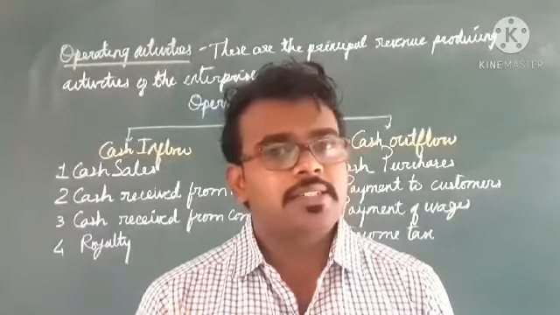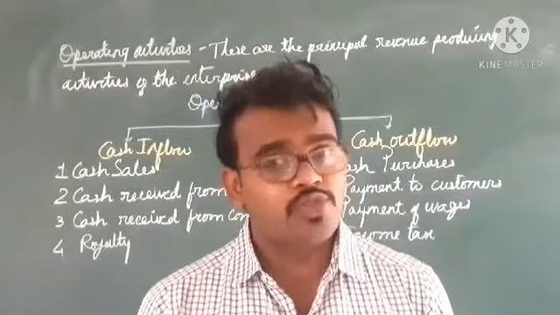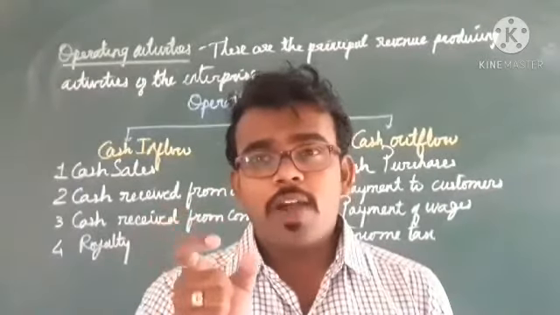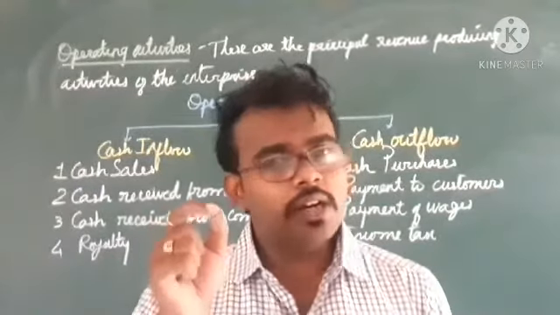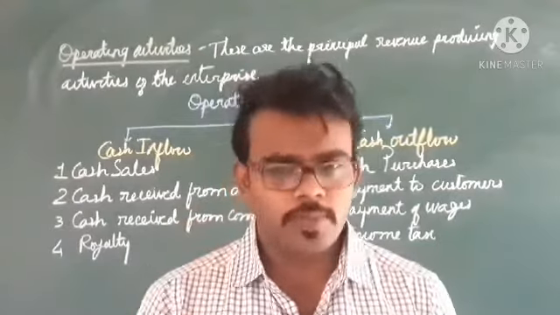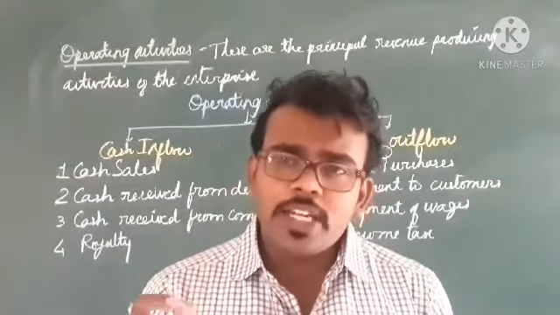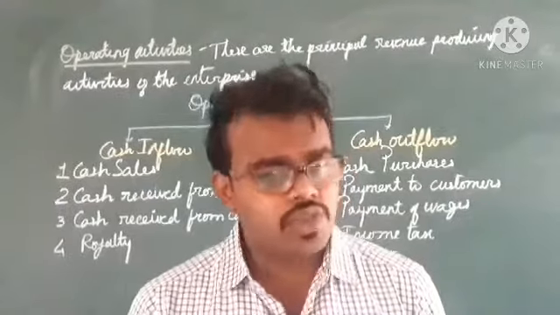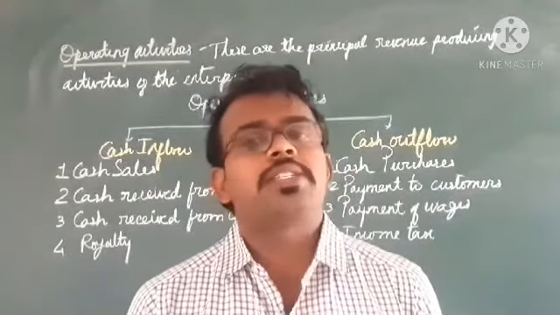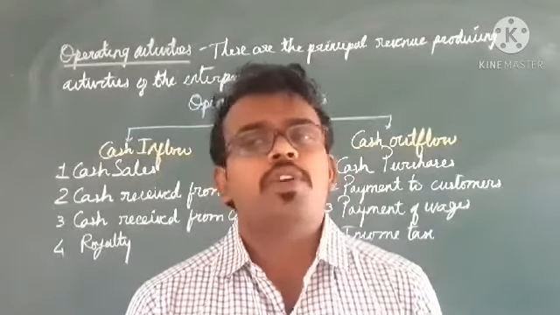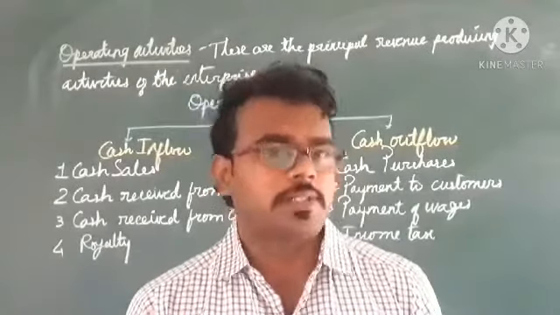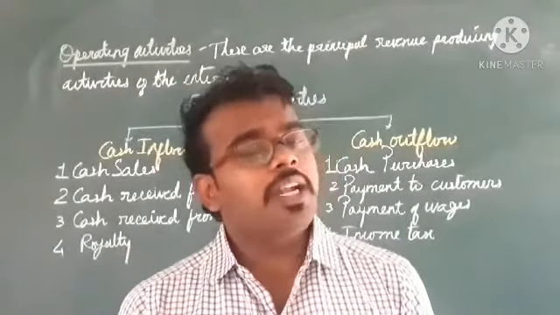Purchase, sales, advertising, manufacturing, because advertising and manufacturing are all related to the purchase and sales of goods. So anything related to the operation of an organization, those cash flows come under cash flow from operating activities.